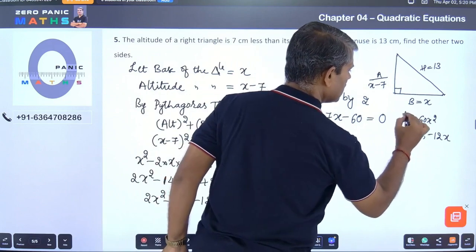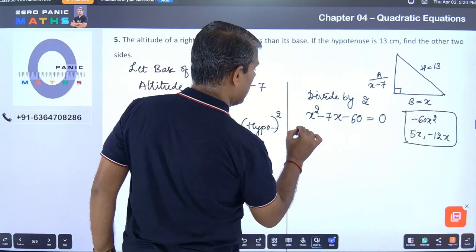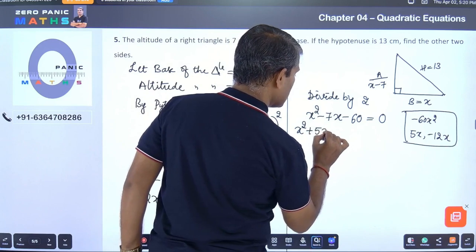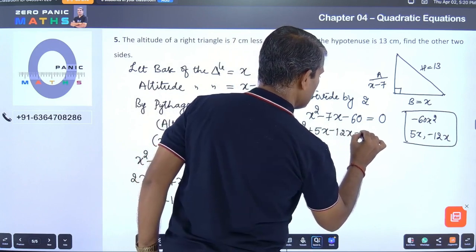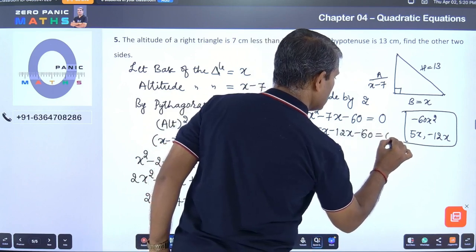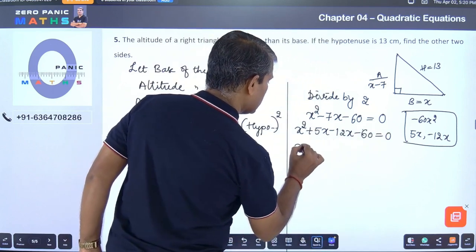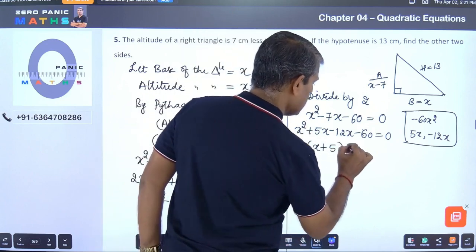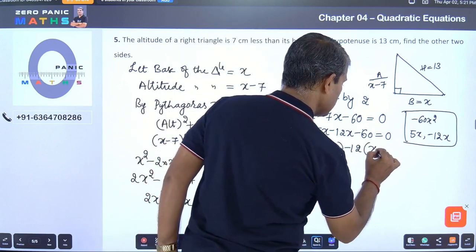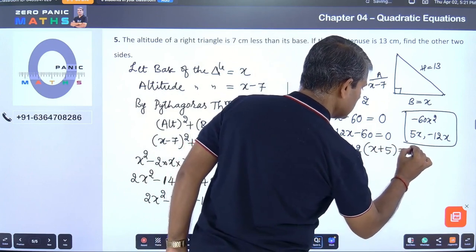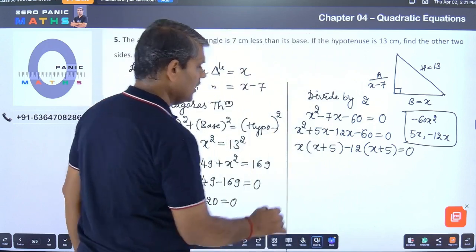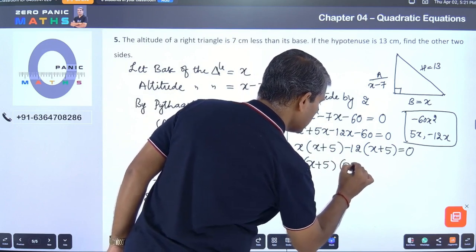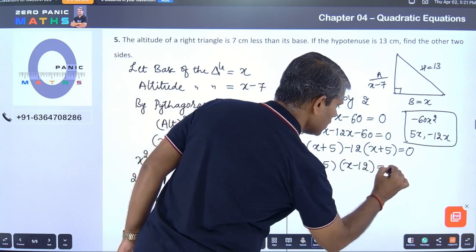You can write it for your reference: x square plus 5x minus 12x minus 60 is equal to 0. So x common will leave x plus 5 inside, minus 12 common will leave x plus 5 inside, right? So x plus 5 common, and x minus 12 is equal to 0.